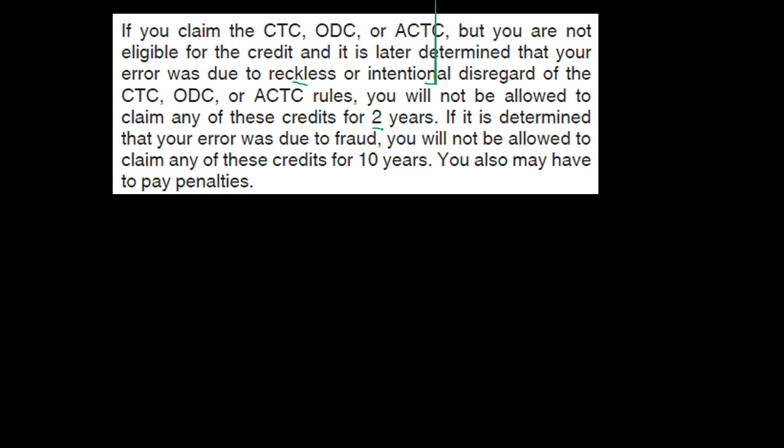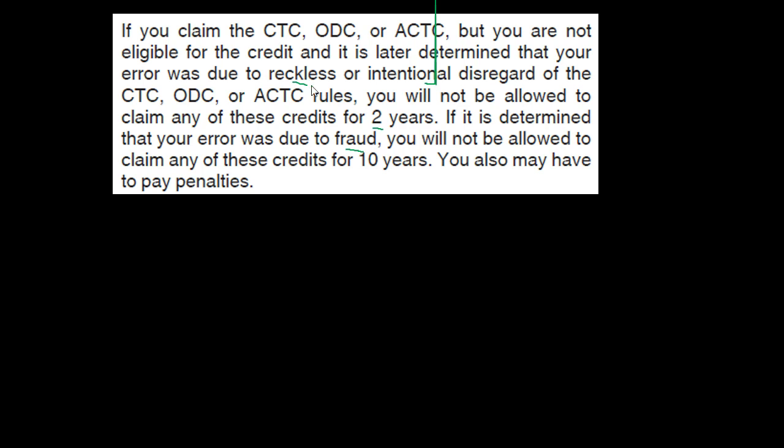So if there's abuse of it, then they're basically saying you're not going to get this credit, which could be a significant $2,000 per child for 2 years. Back to the text. If it is determined that your error was due to fraud, now they're basically flat out saying it. So notice the terminology. Reckless, they're going to say, well, maybe you didn't do it completely on purpose, but it's pretty reckless, and we think you should have known better.